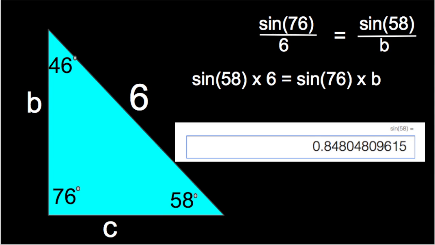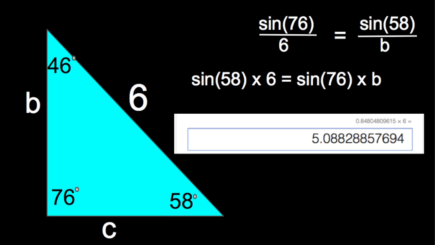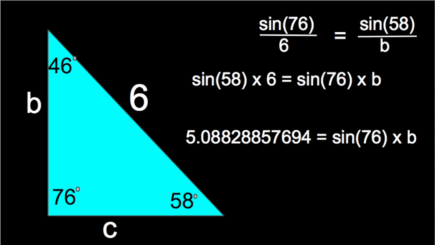So when we put the sine of 58 into our calculator, we get 0.84804 and so on. So after this, we need to multiply the sine of 58 by 6. So when we do this by 6, we get 5.088288 and so on.